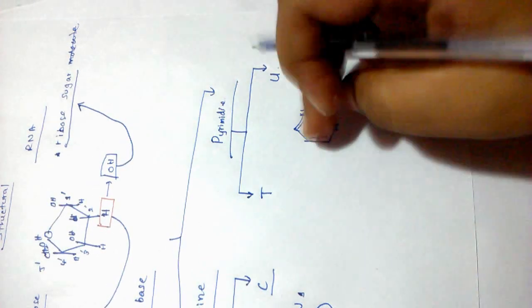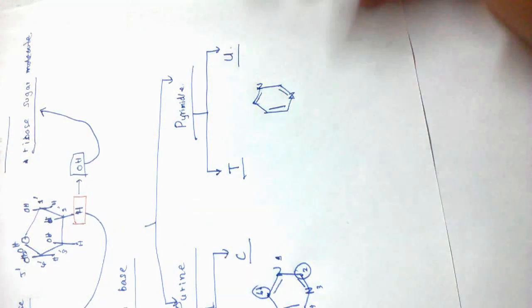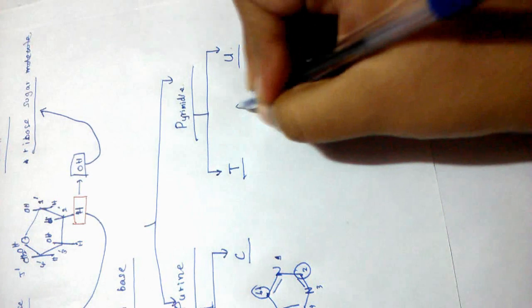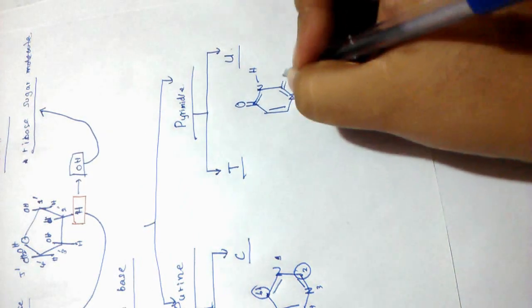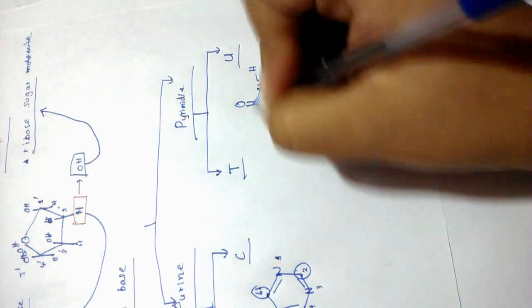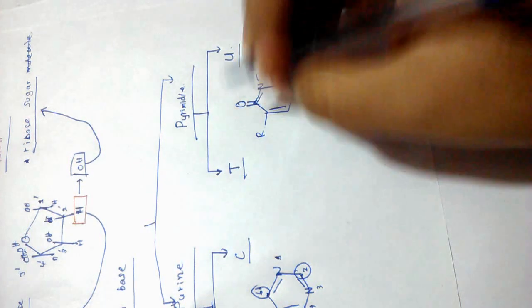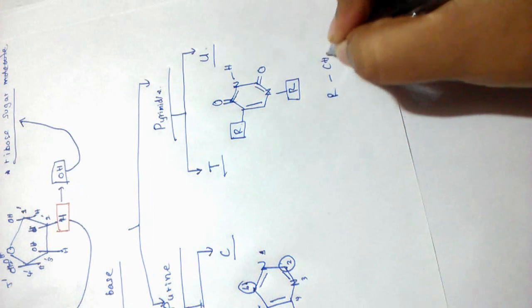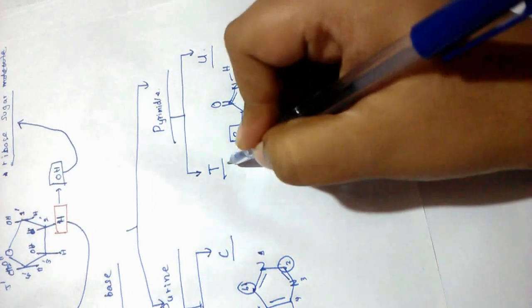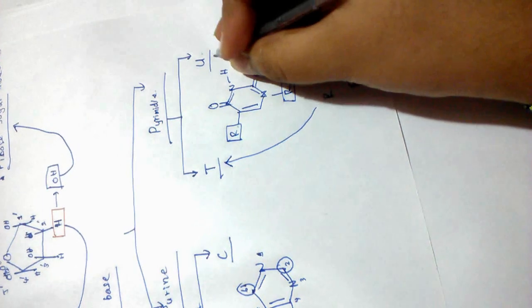And also here, the pyrimidine bases thymine and uracil. There is a little difference between thymine and uracil. Like this, a pyrimidine base with H, double bond O and R, here also an R. If this R is a CH3 group, it is called thymine. If the R is an H group, it is called uracil.